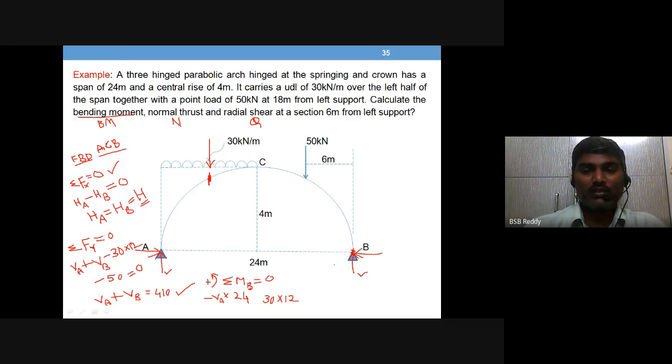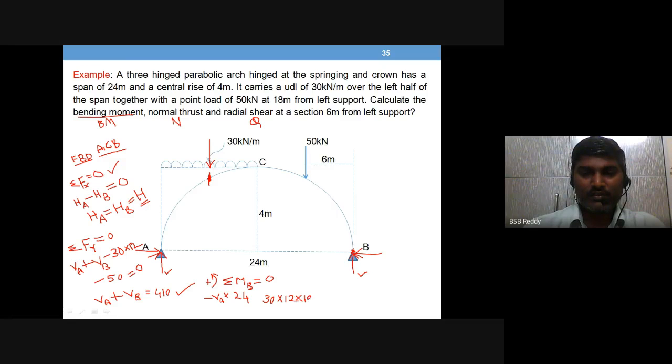Now, what is the distance of that load from B? It is 12 plus 6, or else 24 minus 6. Both are the same. You can calculate from the right, or total minus from the left. Either is okay. So the distance value is 12 plus 6, 18.